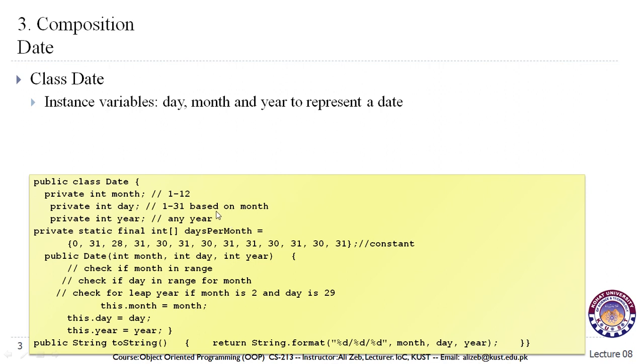We also understand that these instance variables need to be within a specific range to be able to get a valid value. So the month needs to be between 1 and 12, a day cannot be bigger than 31 and cannot be less than 1, and a year has its own specific range or format.